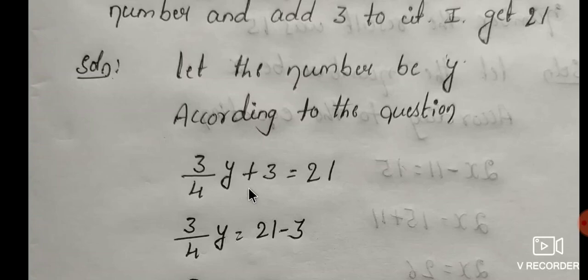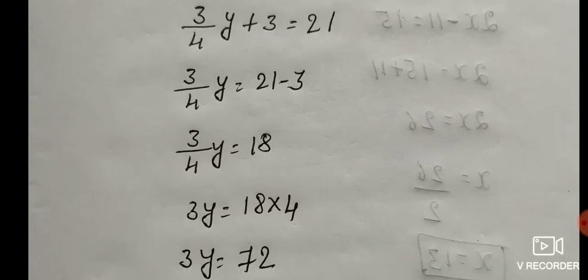So first we should shift this plus 3. That goes from LHS to RHS, so it becomes minus 3. Then 3/4 of y is equal to 21 minus 3, which is 18. Next we shift one by one.